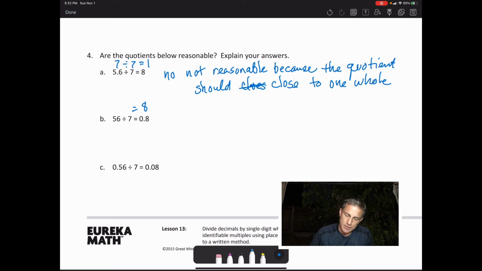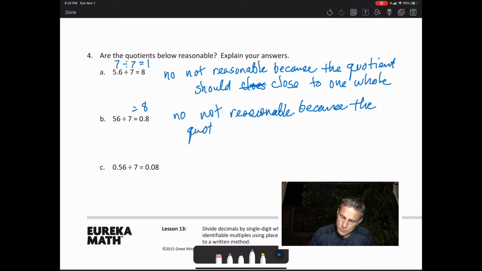So I would say no, not reasonable, because the quotient should be close to 8.